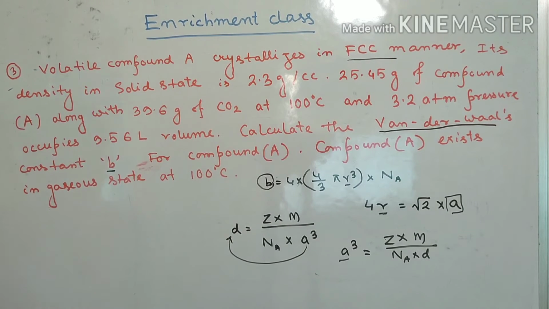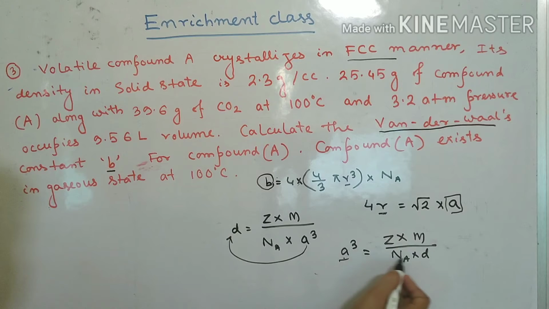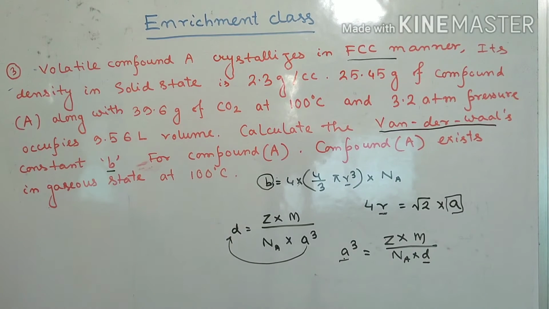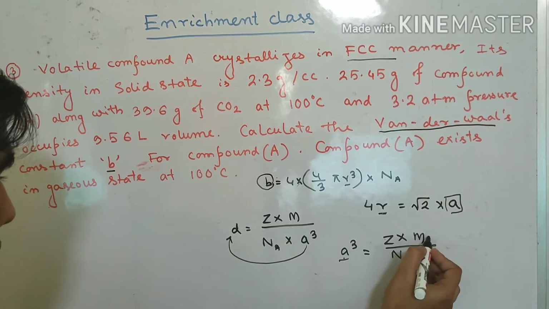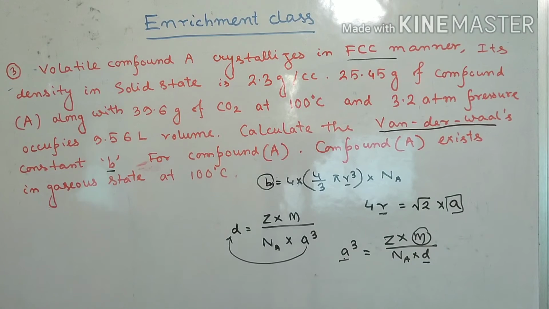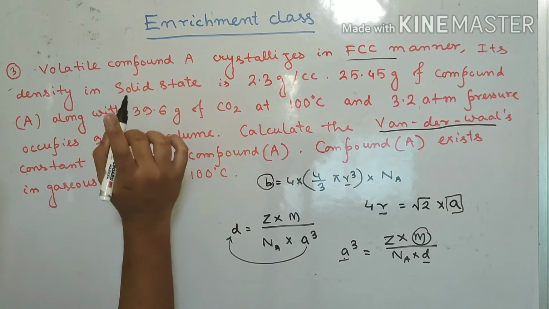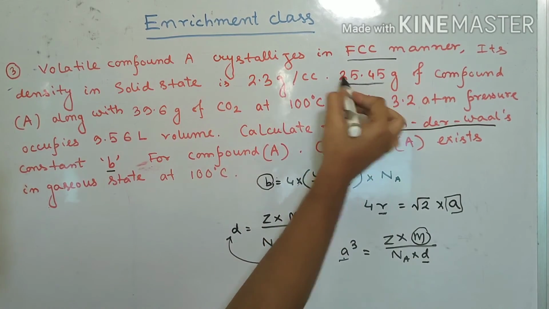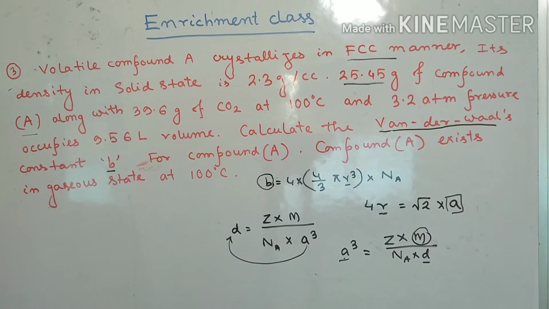So is it directly given? Density is obviously given, but we don't know what is the molar mass of compound A, which is not given. So in order to get the molar mass, we need to get the number of moles actually. Because here it is given, say, this much of compound A is given.